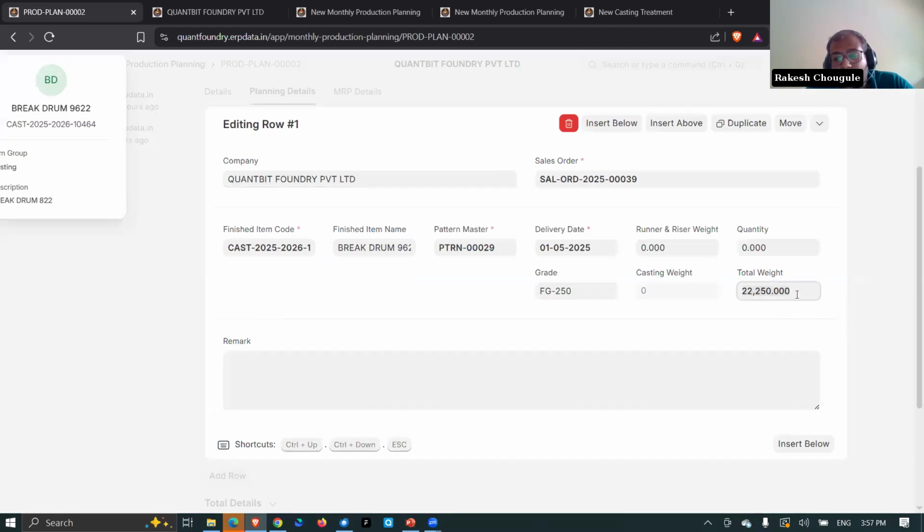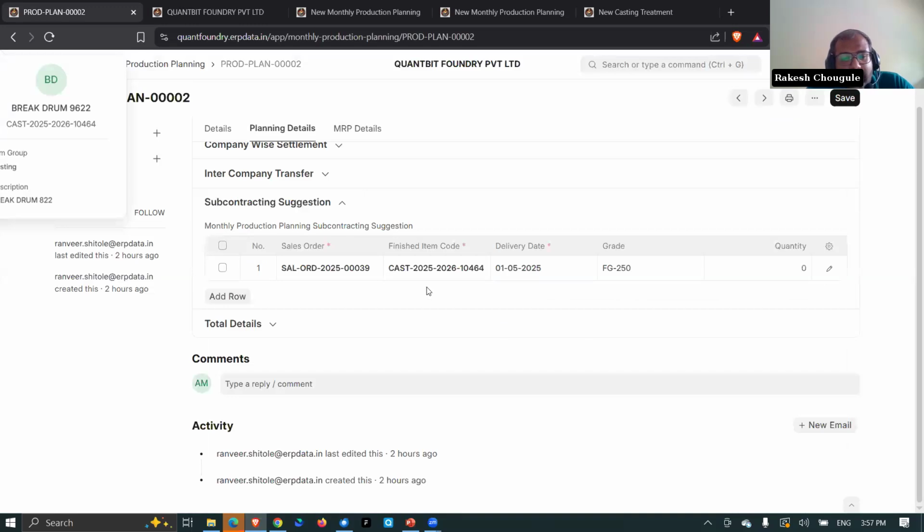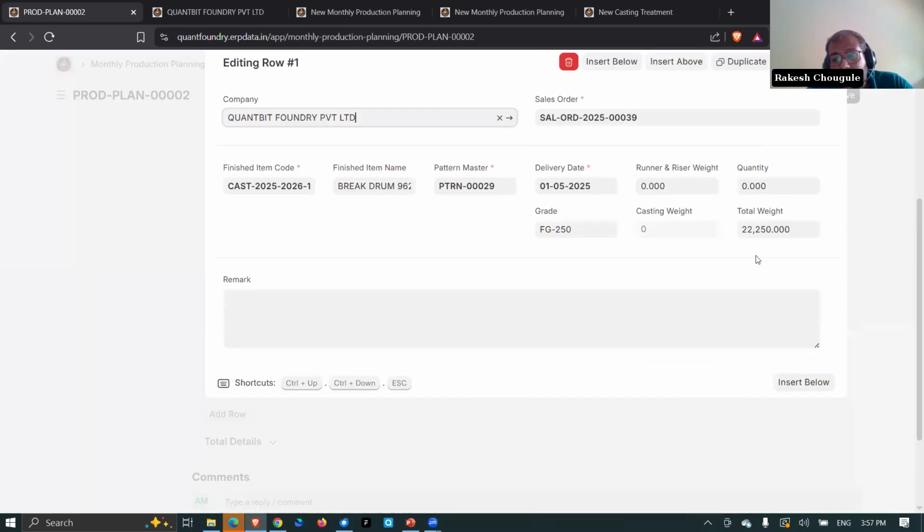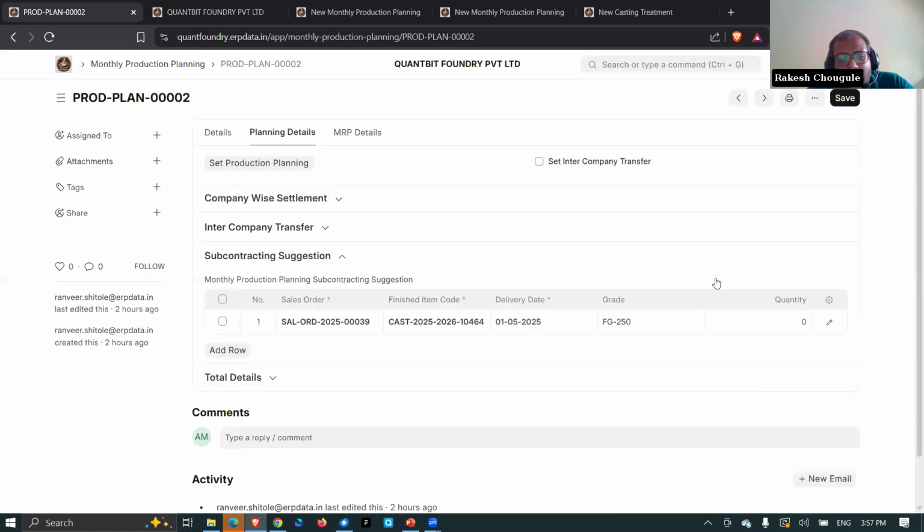This is purely based on our capacity planning. So here you can see I have to make subcontracting of 22.25 kgs during May, because my capacity is exceeded by my current orders. The system will suggest how much subcontracting or outsourcing you have to make during a particular period.